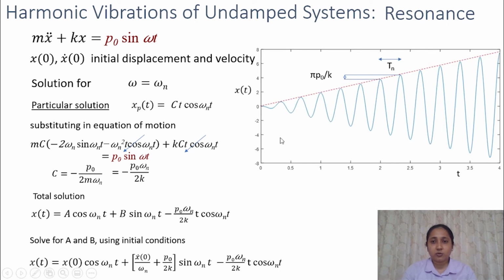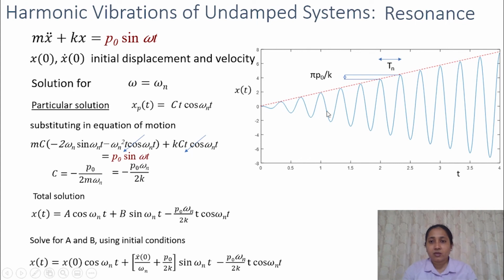So the total response will look like this. This response is for zero initial conditions. That means these two terms will be 0 and the effect of this term will die out soon as the steady state response is increasing with time.